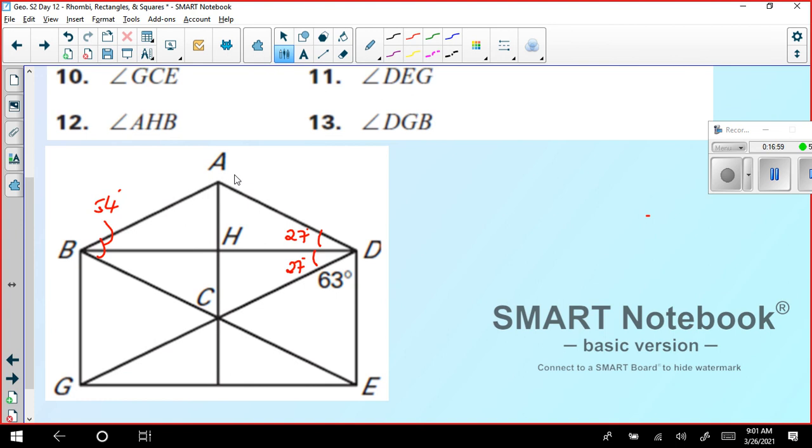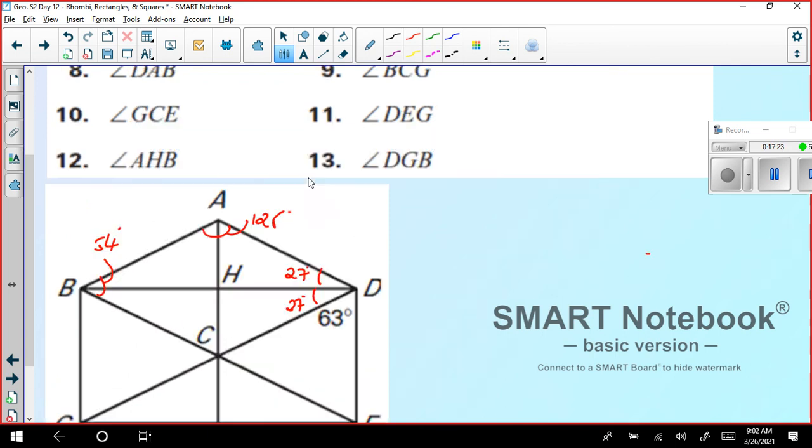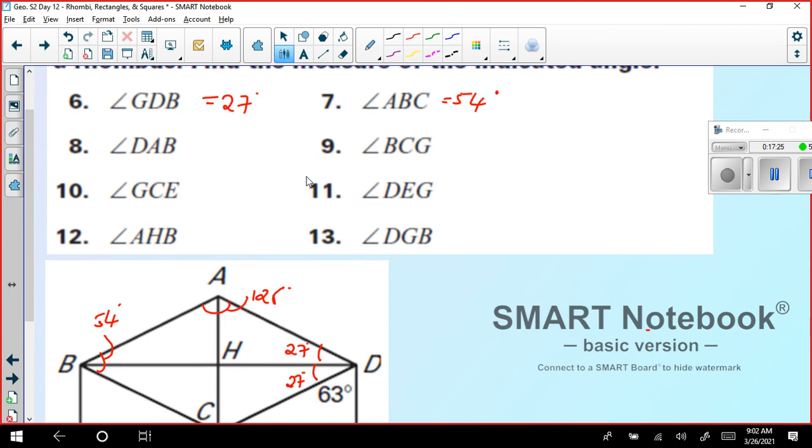So 180 minus 54 gives us 126. So angle DAB is 126 degrees.